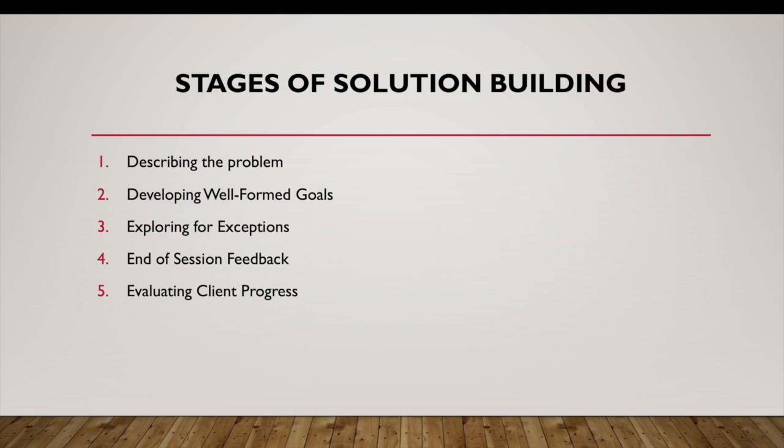And lastly, we evaluate their progress. We regularly evaluate with them how they are doing in reaching solutions satisfactory to them. We can do so by using an example like a scaling question. We can ask clients to rate their progress on a scale of 0 to 10.